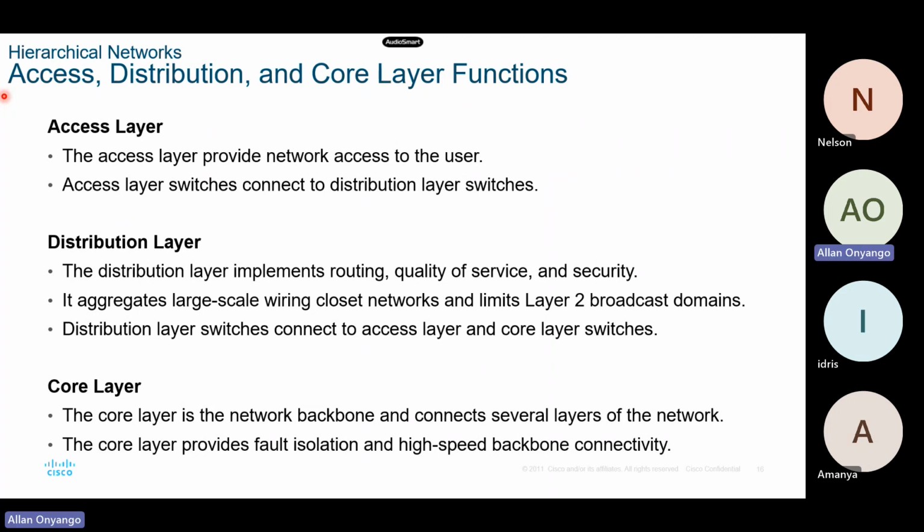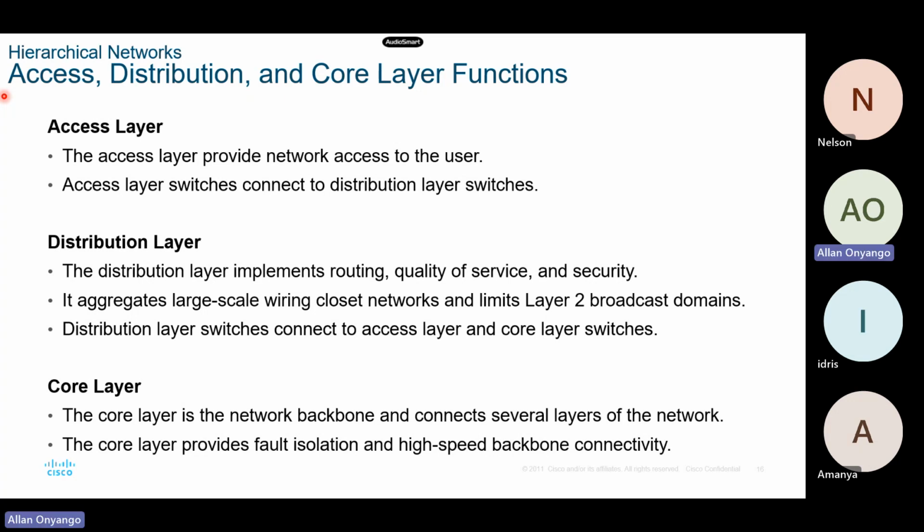Now, so routing, QoS, security are a major part of the distribution layer, and the aggregation here. And when we talk about aggregation, we are talking about things like EtherChannels. We're talking about some of these protocols that help traffic to move faster from the access layer to the core layer.